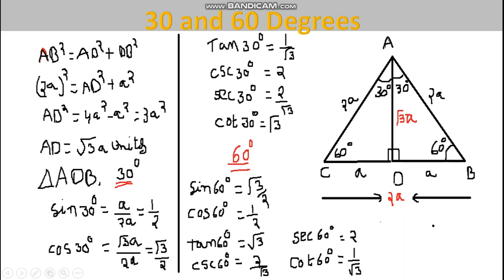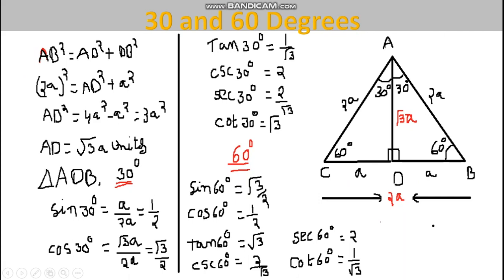Children, if we consider the total triangle ACB, all the three angles, each angle is 60 degrees. Angle CAB 60, angle ACB 60 and angle ABC 60. So triangle ACB is an equilateral triangle.